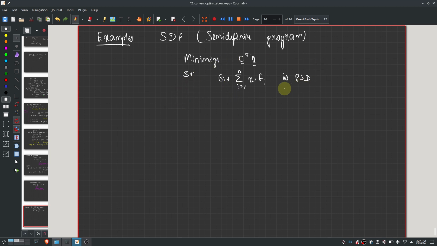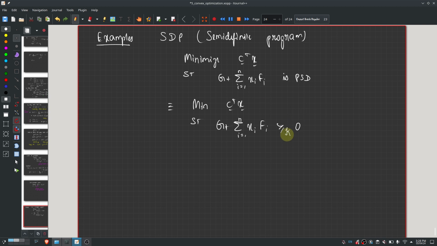So this would be the general SDP. I can write this as you minimize c transpose x subject to G plus summation over i xi Fi should be greater than or equal to 0.